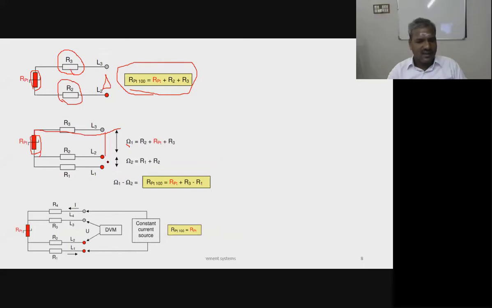Across the two lead wires, R1 and R2. When you subtract these two, we get RPT, the PT100 resistance, equal to RPT plus R3 minus R1, so it subtracts the resistance between R3 and R1. A little bit of the error is reduced here.